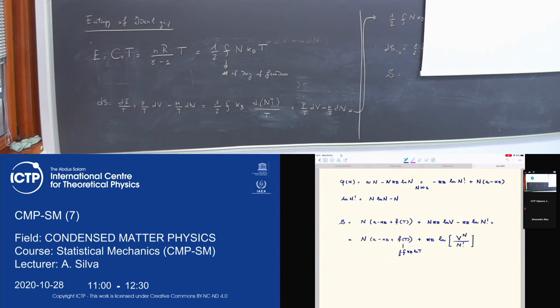In particular, let me ask you something. Suppose that I have a certain volume. I'm not able to draw it in 3 dimensions. And then I divide this system into a certain number of cells.